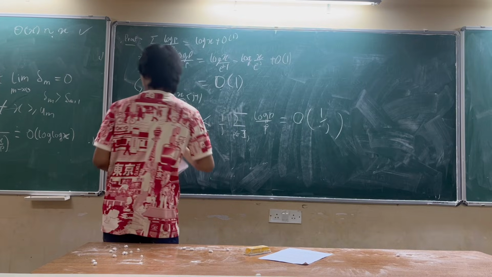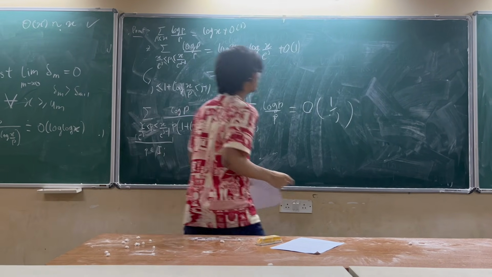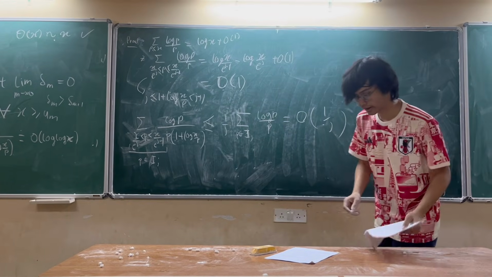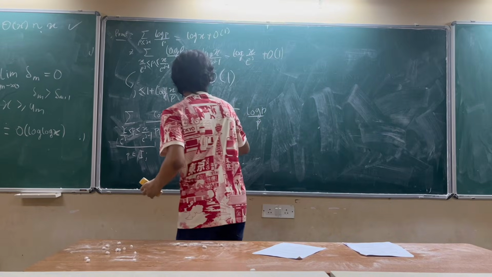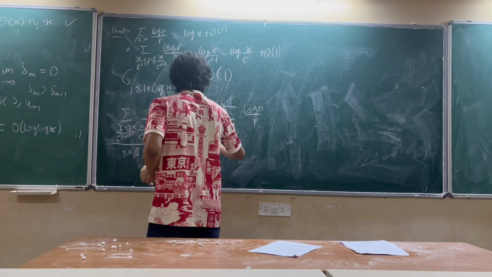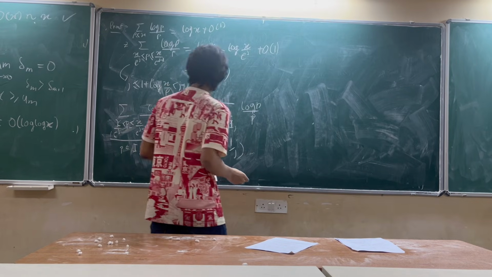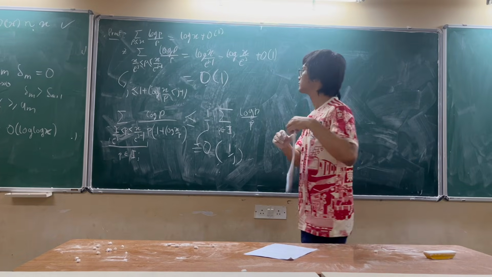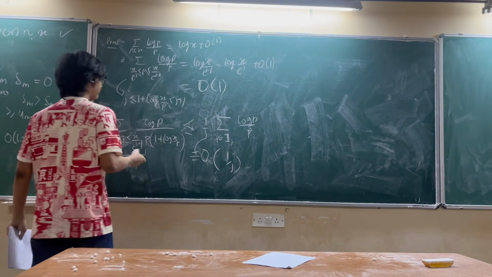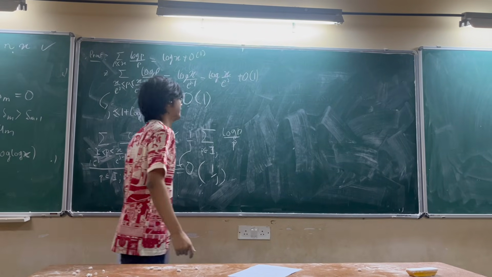When you look at the summation as a whole, what do you have? Oh, by the way, if anyone is confused where the 1 by j comes from, just flip this, you will see where it is coming from.